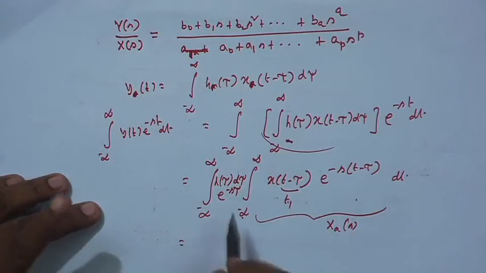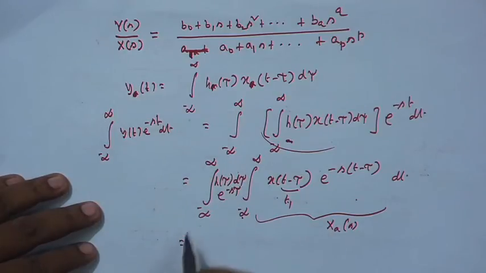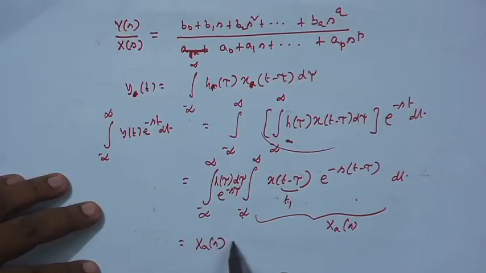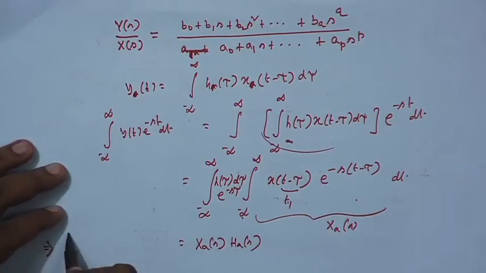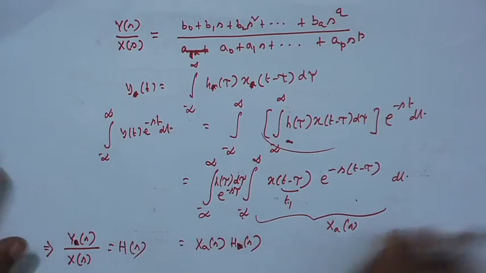So, convolution in the time domain means multiplication in the Laplace transform domain, X(s) H(s), which means under linear and time invariant condition, the output Laplace transform Y(s) by the input Laplace transform X(s) is H(s).